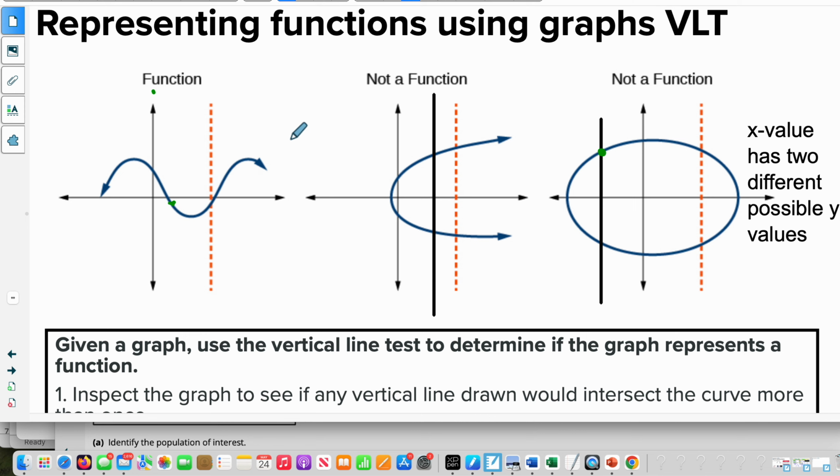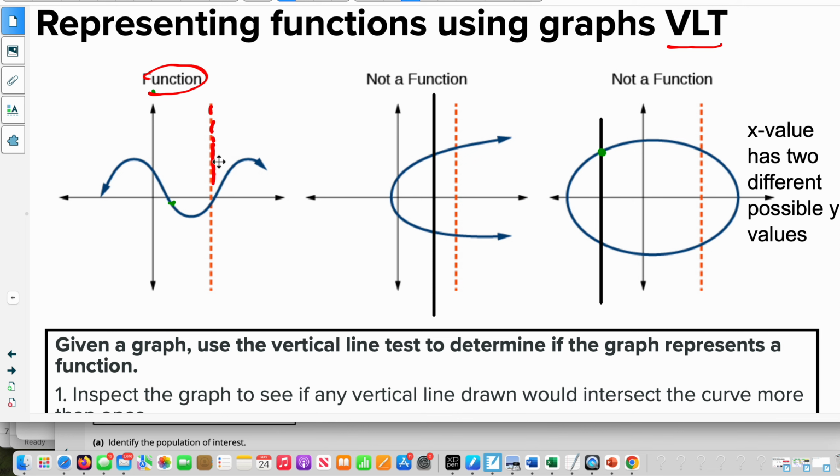So let's look here. I can determine if a relationship is a function by using the vertical line test, if you read the textbook. If I look at this case, this first example is a function.